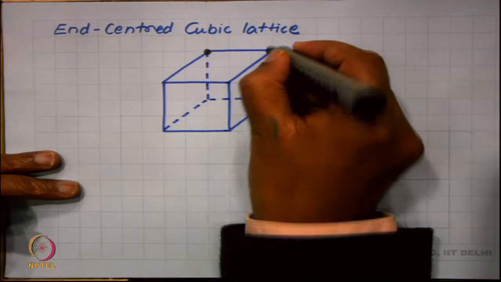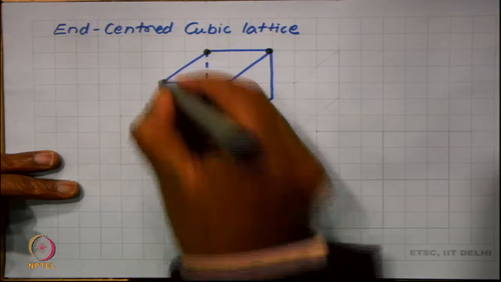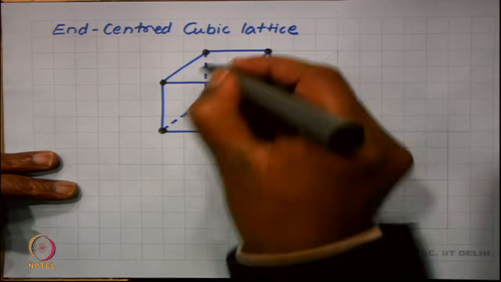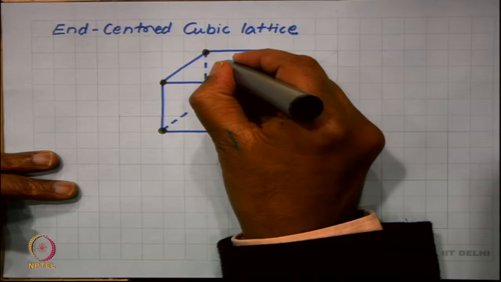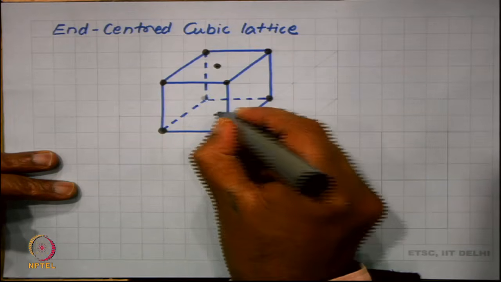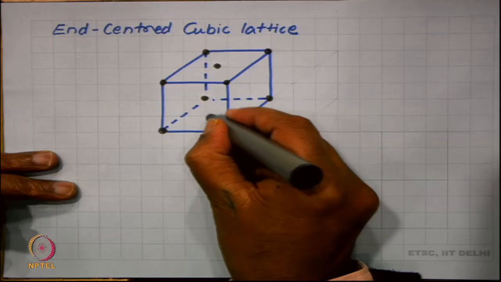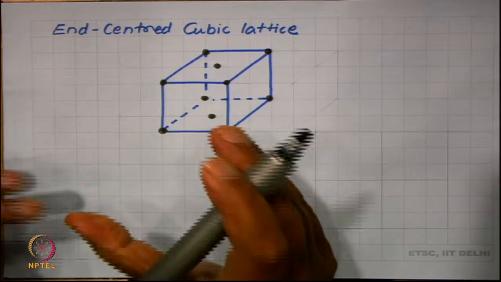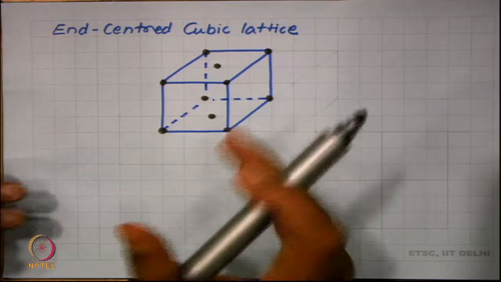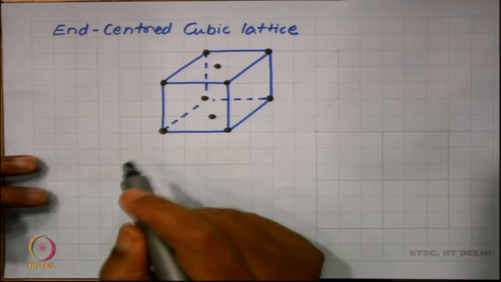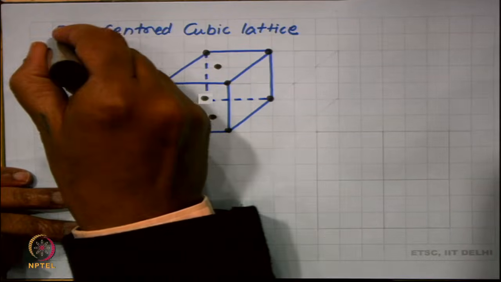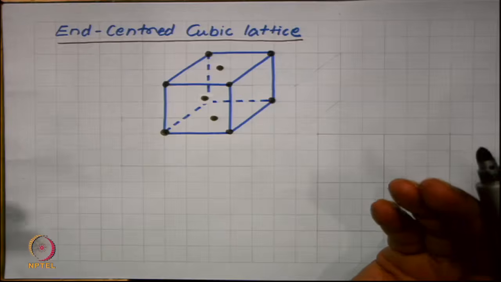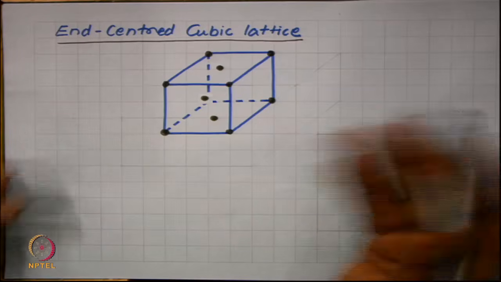I put points at the corners and I also put points at 2 parallel faces of the unit cell. I select the top and bottom faces. So, if I repeat this unit cell, I will generate a set of points which I would like to call the end centered cubic lattice. The question is, why is it not there in the list? Is it not a lattice?